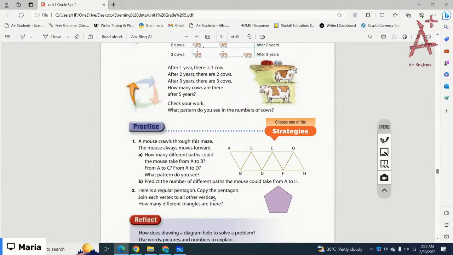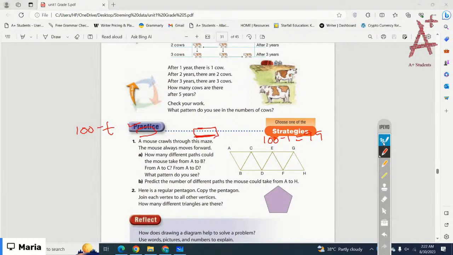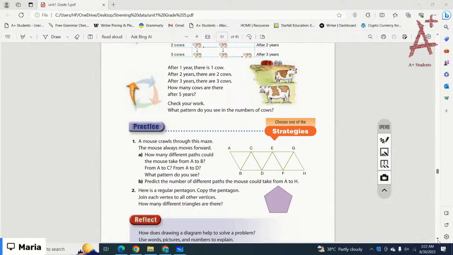Predict the number of different paths the mouse could take from A to H. You have to go from A to B. He can go like this, then like this, then like this. There are so many ways to go. Okay, let's just skip lesson 4. That's why I skipped lesson 4. Let's start with lesson 5.